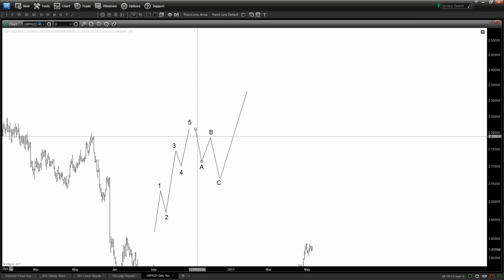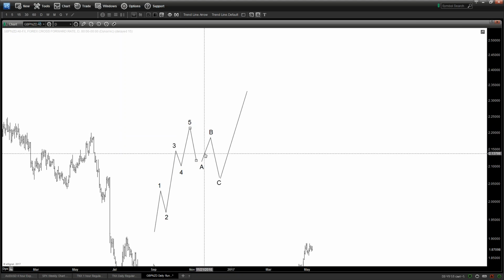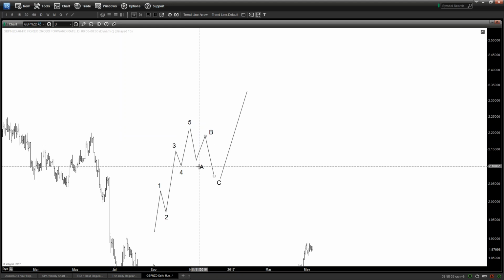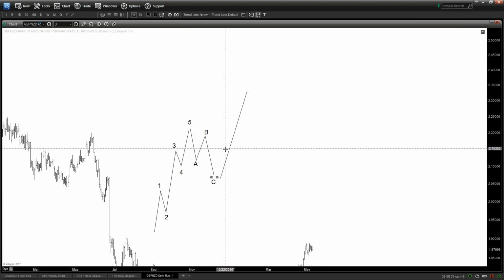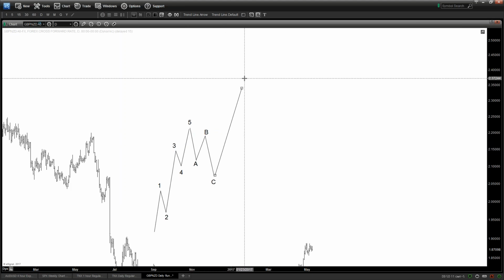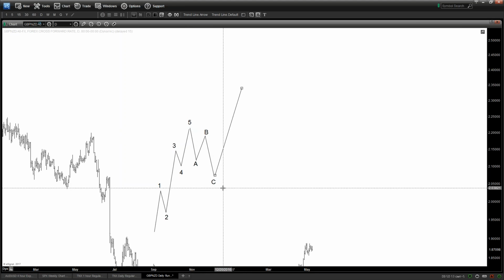Then after 5 waves, you got a 3 waves correction, right? So that's what the Elliott wave is telling you. After 5 waves up, you got a 3 waves down, and then you get another leg higher, right? So this is a simple correction.